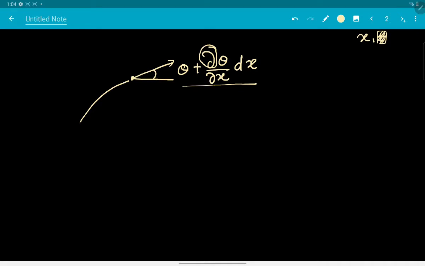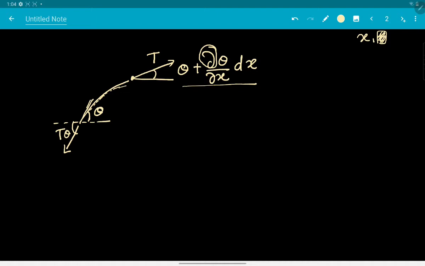Now let me draw the force which is acting at this end, which is again T. This is force T, and its angle, whether you call it theta or theta, is going to be the same one. So this angle is theta, and that theta is going to change as you march along the x-axis.